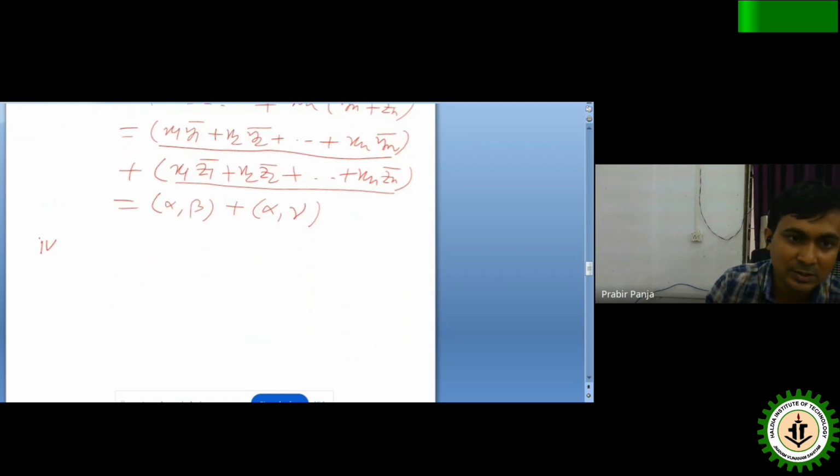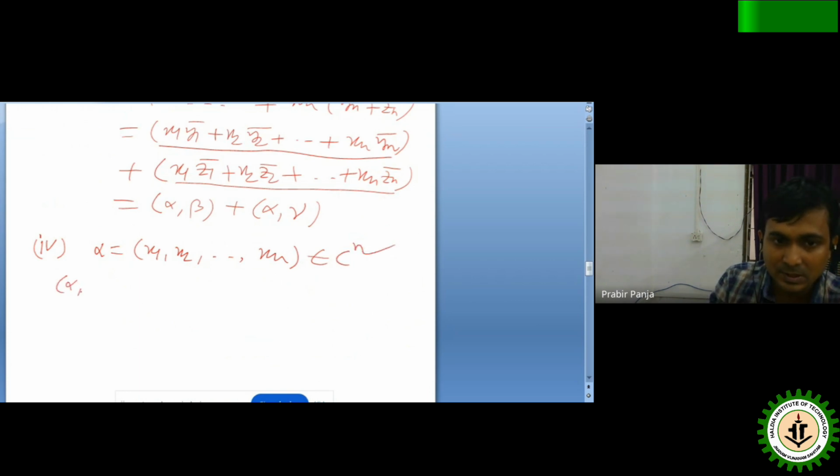Now we'll go for the fourth condition for complex inner product. Alpha is already defined: x1, x2, ..., xn, a vector from the n-dimensional complex space.